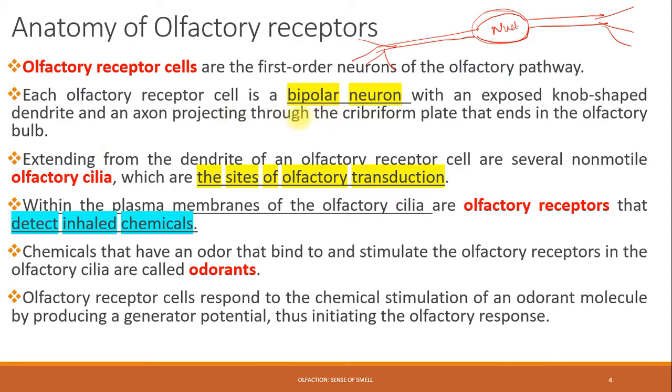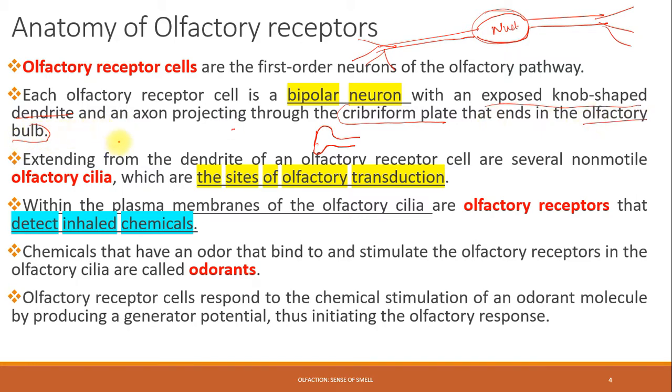This is a bipolar neuron with an exposed knob-shaped dendrite. A knob means the structure of the dendrite is something like this. The ends have a shape like this, a knob-shaped dendrite, and an axon projecting through the cribriform plate that ends in the olfactory bulb.